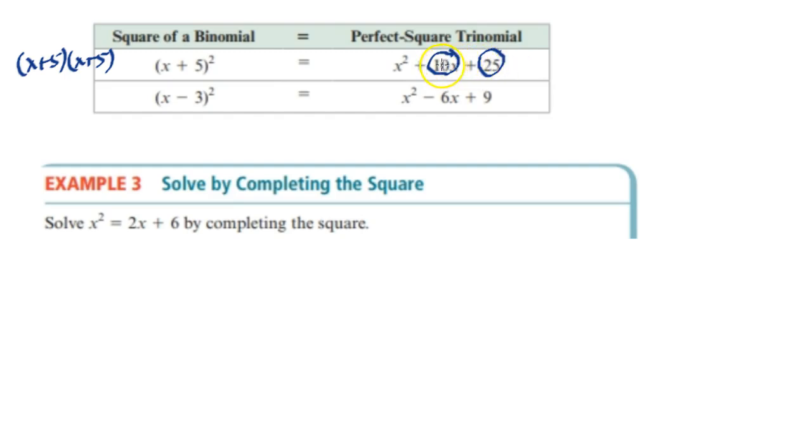You'll always notice that if you divide 10, the coefficient of the x term, by 2, that's equal to 5. If you take that number that we divided by 2 and square it, we get the constant term right there.